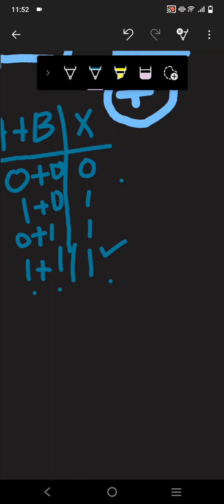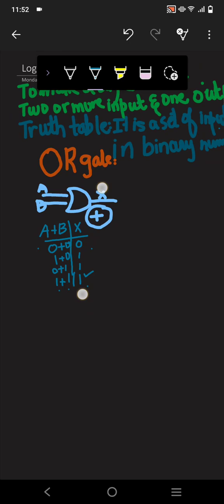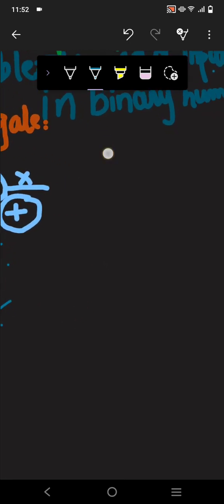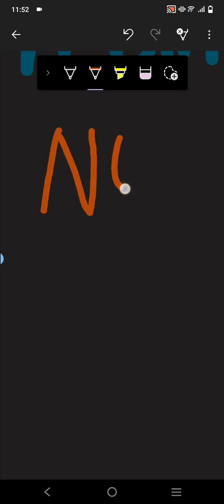Okay, so now we are talking about the NOR gate. The second one is the NOR gate.